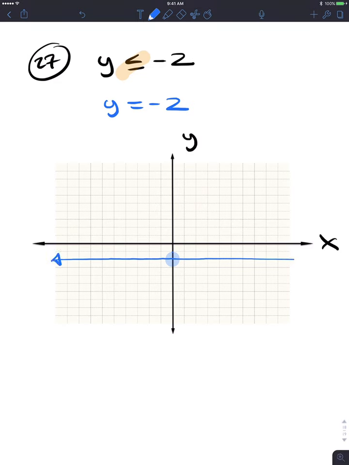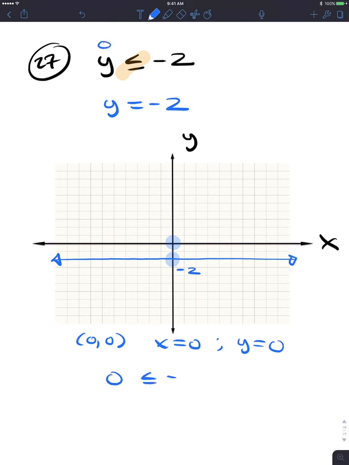And again, it's a solid horizontal line. If we notice, the origin is available. 0, 0 is available. That means x equals 0, and y is 0. So when I go back to my inequality, I don't have an x coordinate.